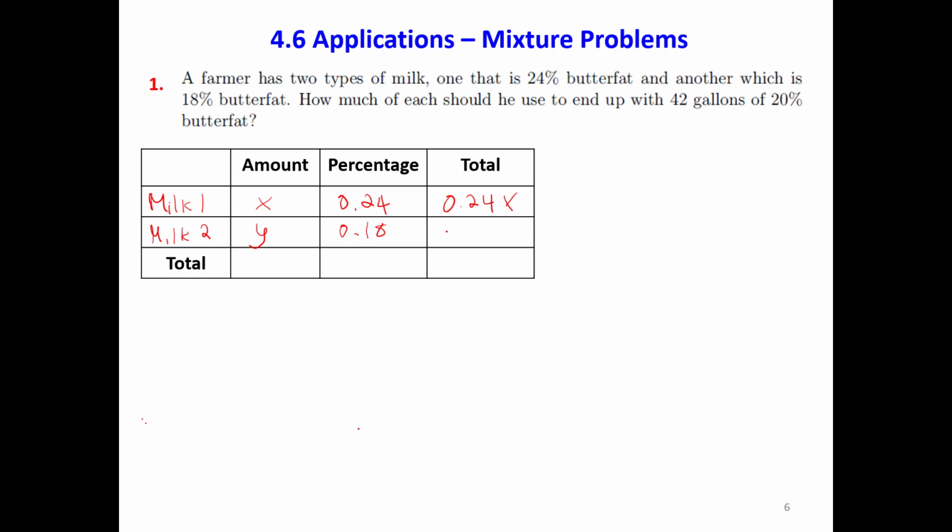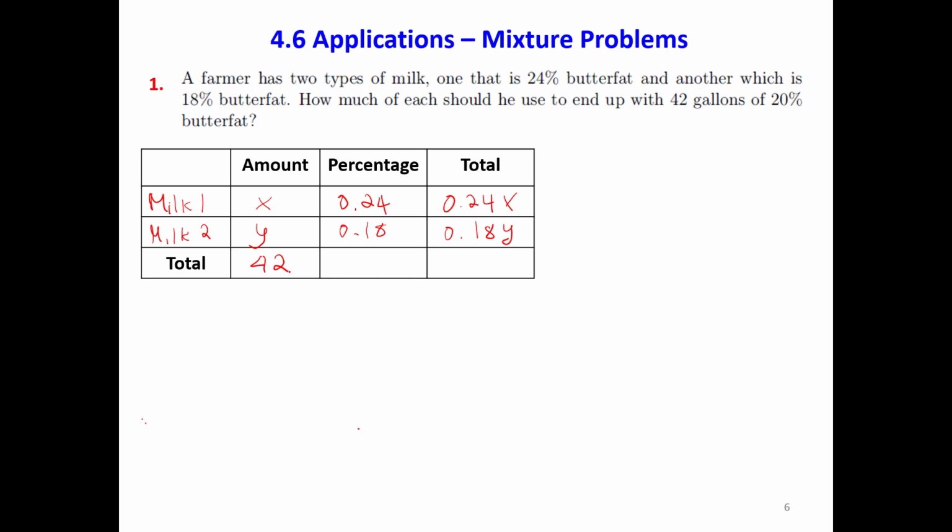The second one will be 0.18Y. And we know if we add these two amounts of milk, 1 and 2, we will get 42 gallons. Here is 42 gallons.